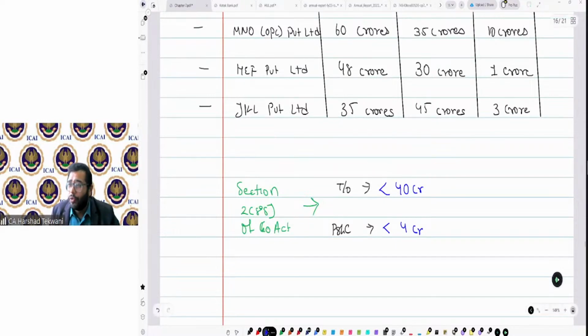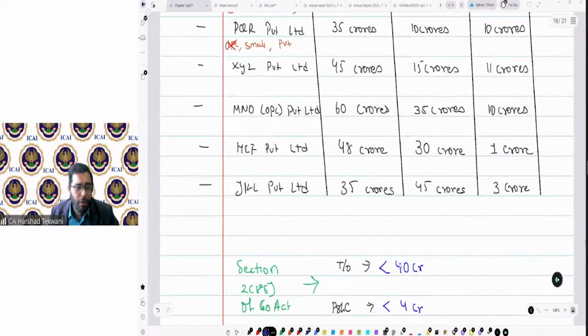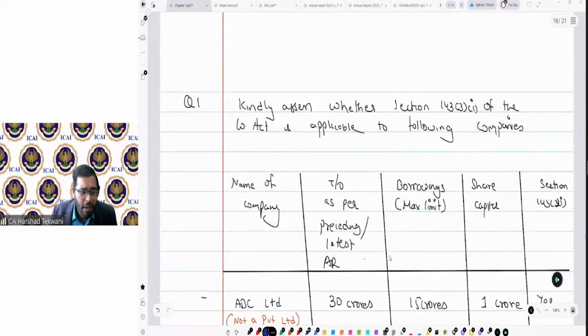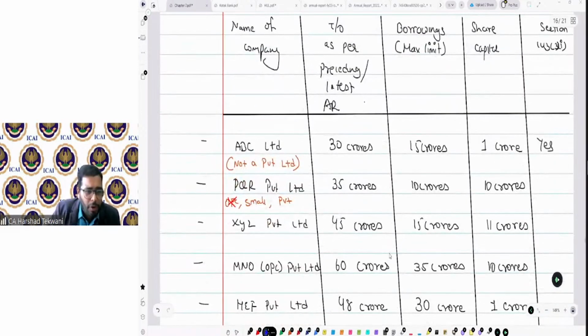If these two conditions are satisfied, then it will be a small company. So I'll write 40 over here and I'll write 4. I need to check whether it's below 40 and below 4 or not. This is 35, less than 40, but this is not less than 4. So this is not a small company. Okay, fine.